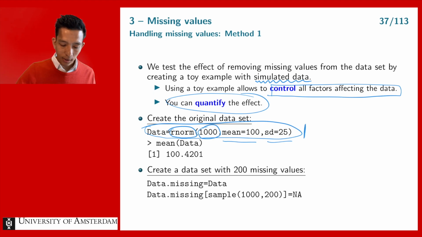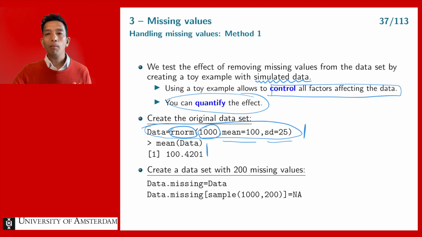And for example, I can calculate the mean of my data set, which is 100.42. I know that it should be 100. It is not equal to 100 because, well, data is random and there is noise, so you have distortions. If I would take 10,000, 100,000, 1 million simulated values, that empirical mean is coming closer and closer to 100, of course, right?